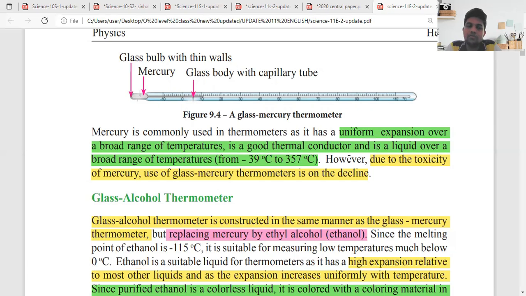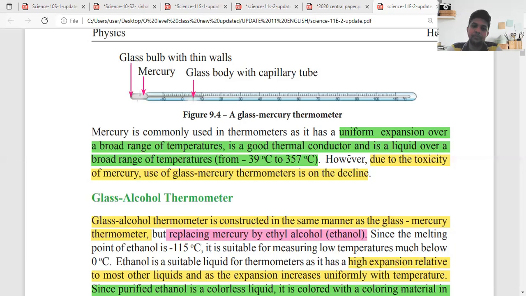First point, write it down: uniform expansion over a broad range of temperatures.